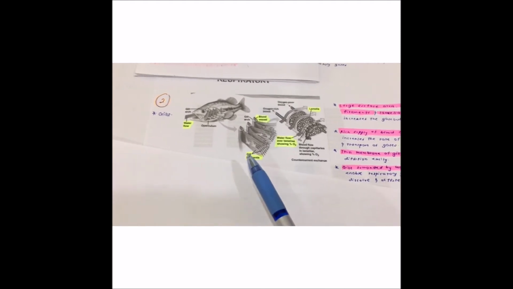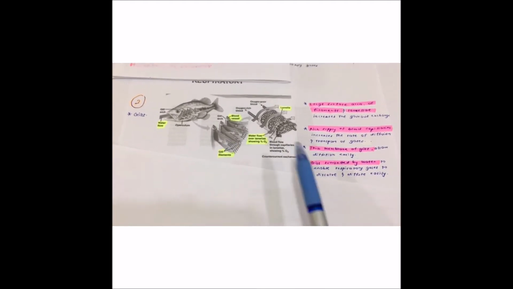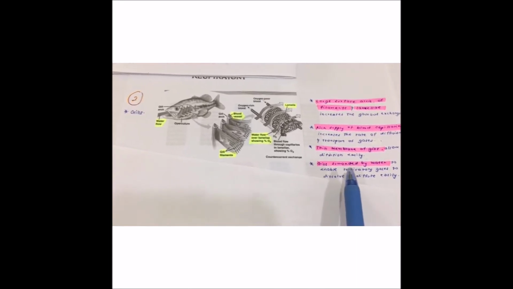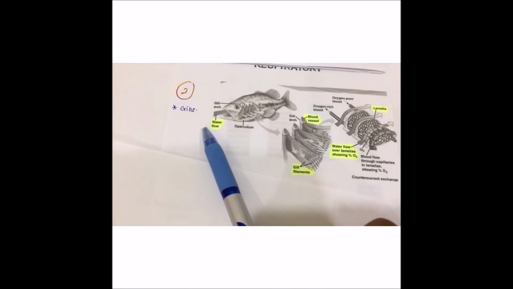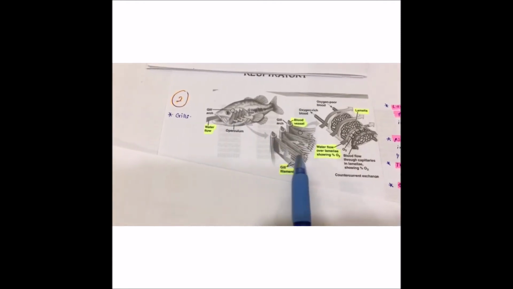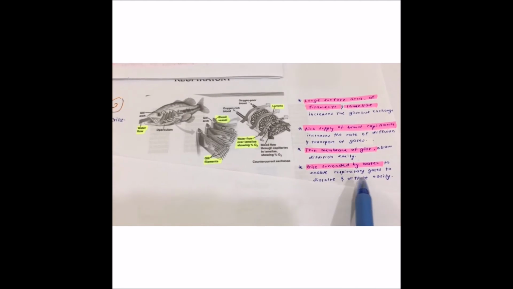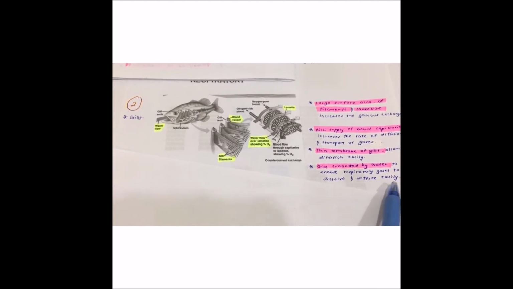The membrane of gills is very thin, which allows diffusion easily, and the gills are surrounded by water. As you can see, the water flows through the mouth and flows through the gills over here, where it enables respiratory gases to dissolve and diffuse easily.